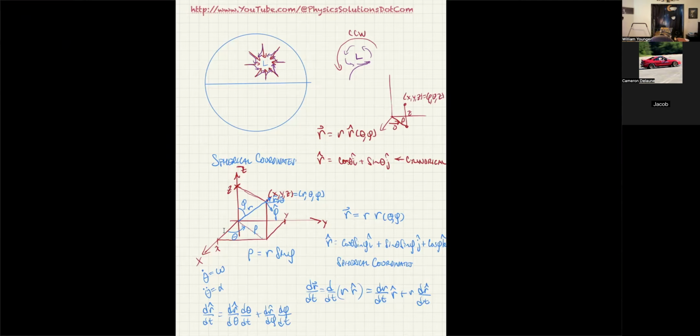And with that, of course, becomes a rho hat, which is just in the xy plane, and therefore looks like this quantity. And then perpendicular to that, 90 degrees ahead, but also in the xy plane, is theta hat, and then vertical is k hat. So that's the parts of the cylindrical coordinates.